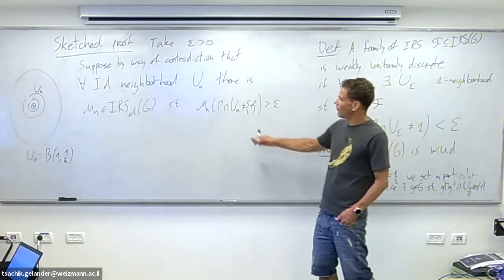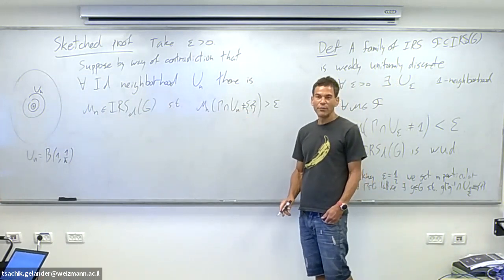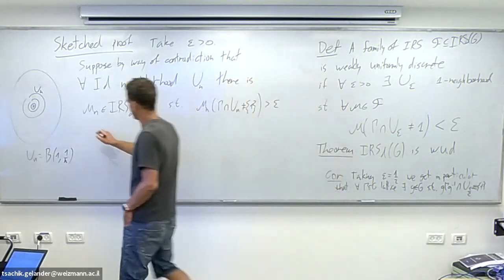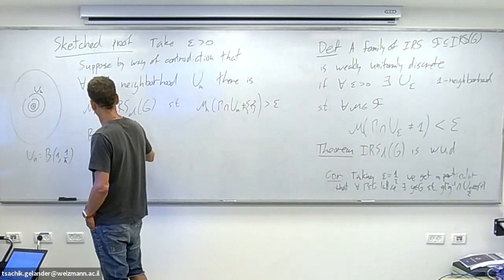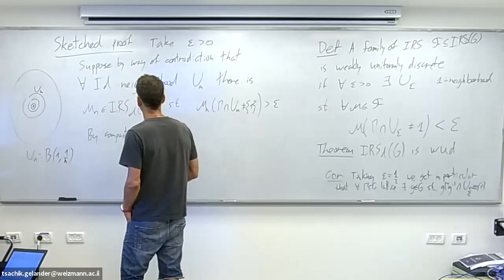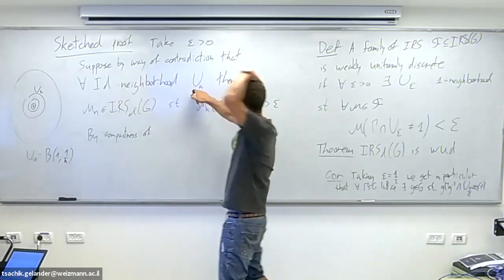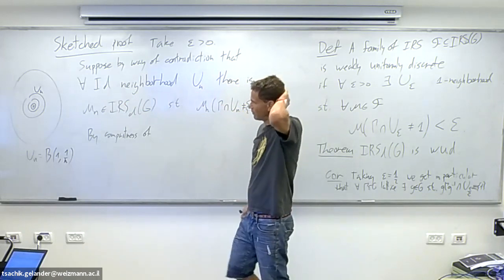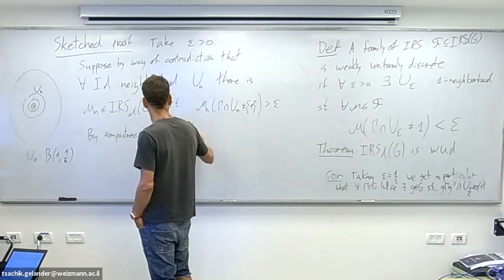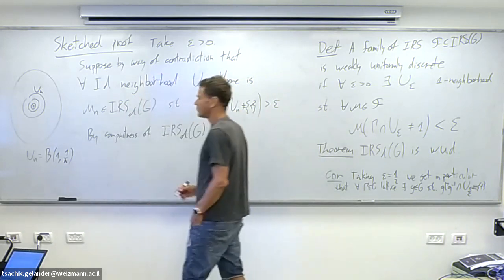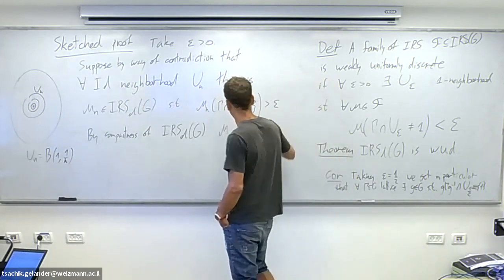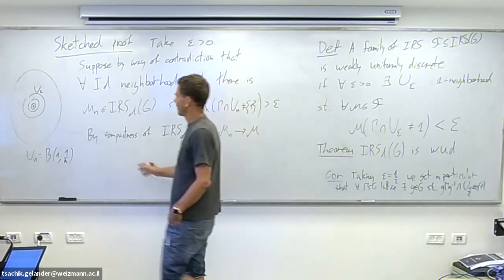So suppose that for every such U_n, I can find mu_n. U_n is a descending sequence of identity neighborhoods. By compactness of the space of discrete IRS of G, mu_n converges to a limit, up to taking subsequences.